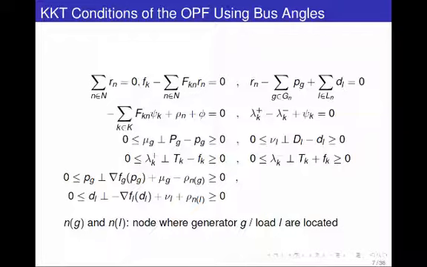That's the stationarity condition. This is the stationarity condition when you take the gradient with respect to the FK, the flow decision variable, and the rest here are the usual complementarity conditions of dual variable and primal constraint, and stationarity condition for the non-negative decision variables.